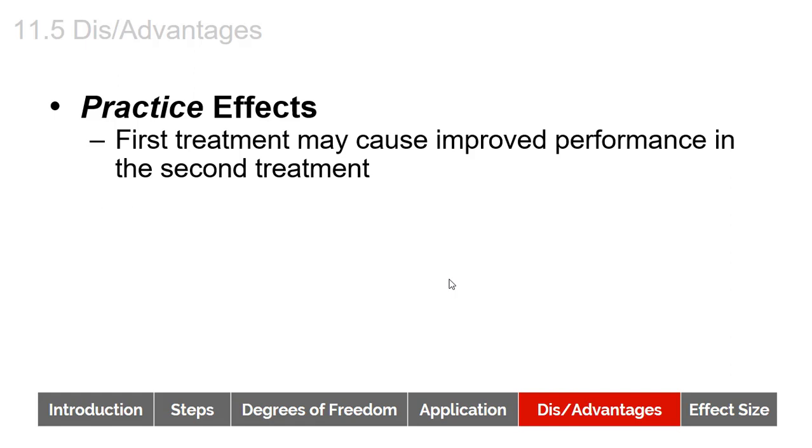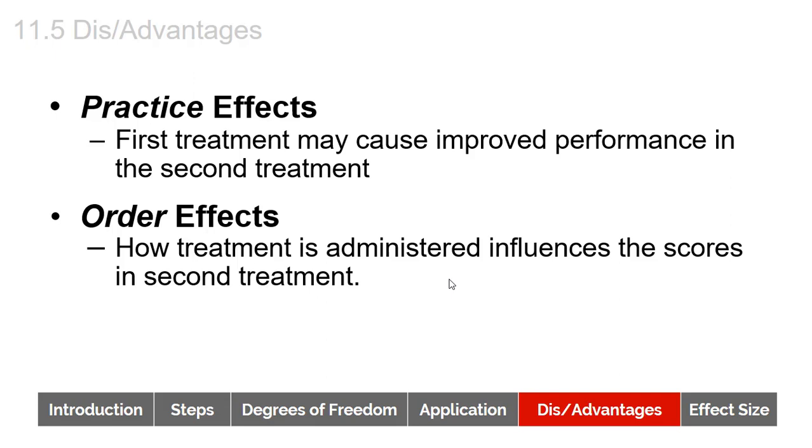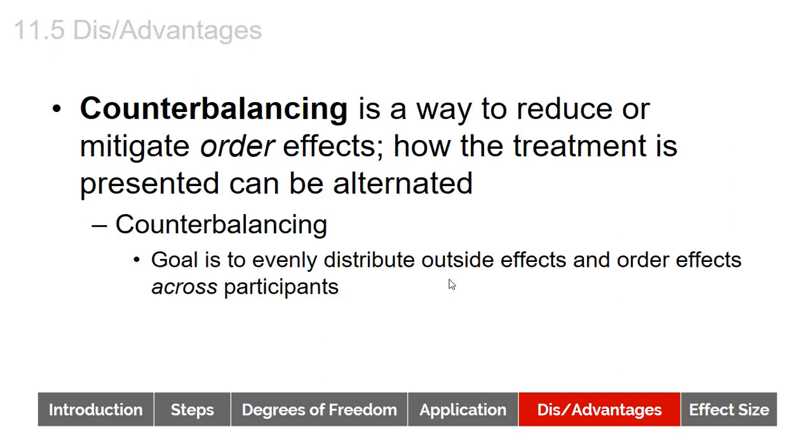Also, we have something called order effects. How treatments are administered might influence the scores in the second treatment. So let's take a look at what we do when we have problems with order effects. We can counteract this through something called counterbalancing. It's a way of mitigating these order effects.